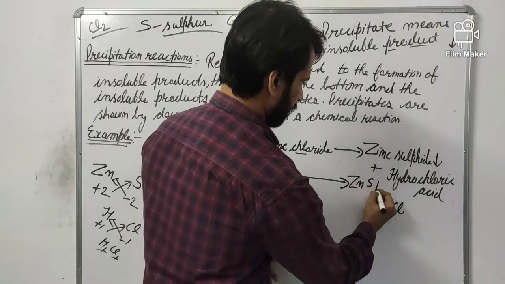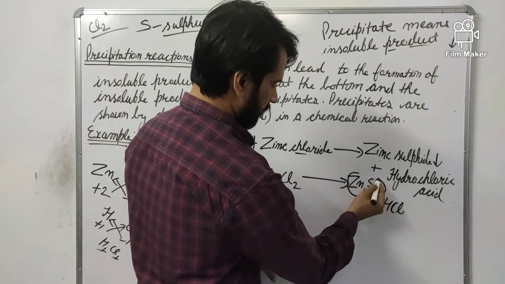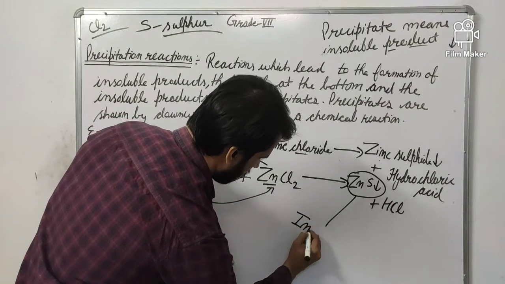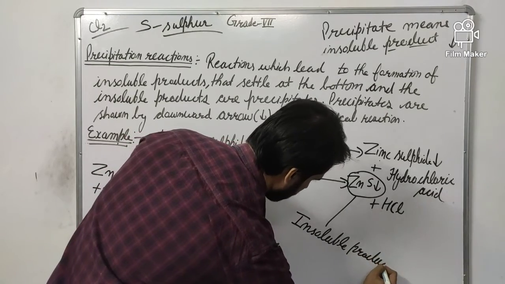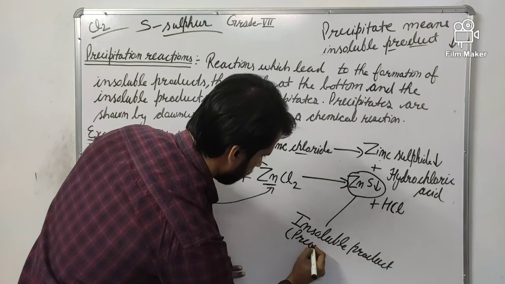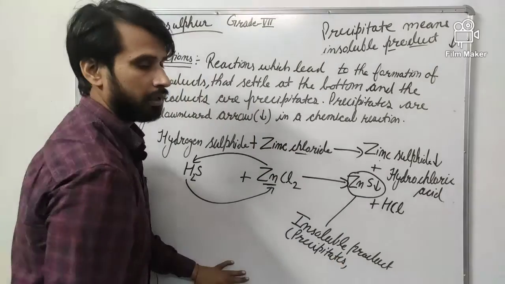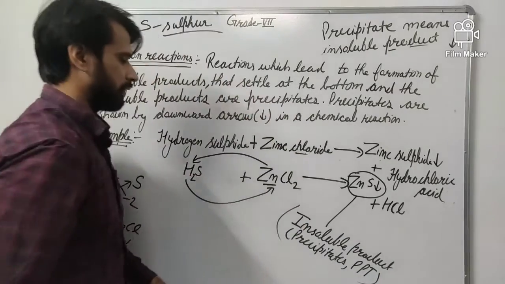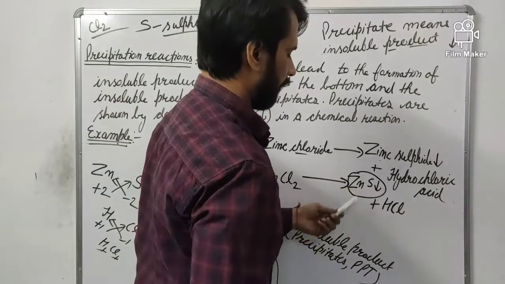This downward arrow means this product is an insoluble product, and these insoluble products are called precipitates, and precipitates are written in short form as PPTs. Okay, so in this reaction, which product has PPTs? The product zinc sulfide, formula is ZnS.